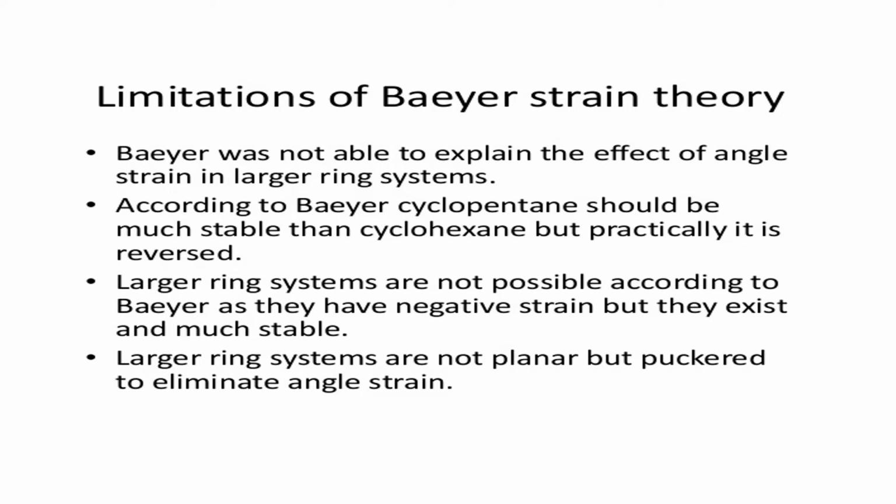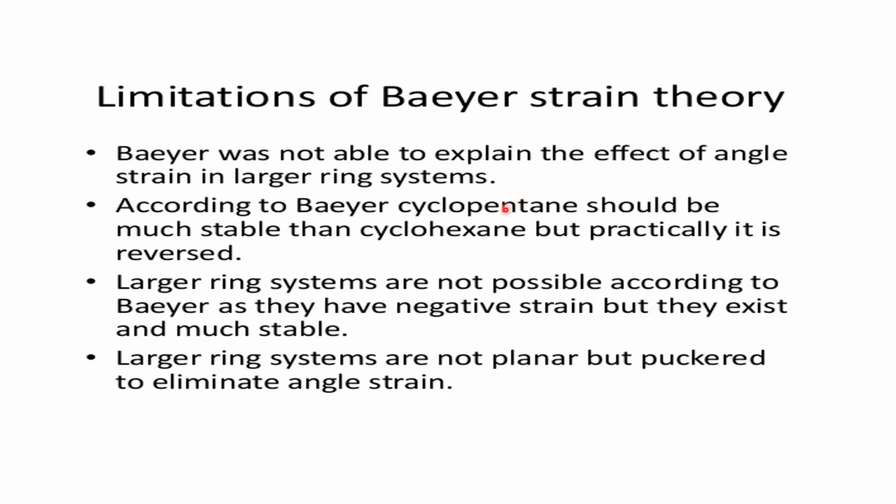Now moving to the limitations of Baeyer's strain theory. Even though Baeyer was able to explain the stability of many cycloalkanes, he failed to explain the stability with the angle strain in bigger ring systems.